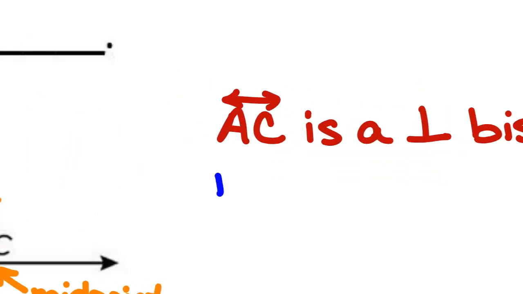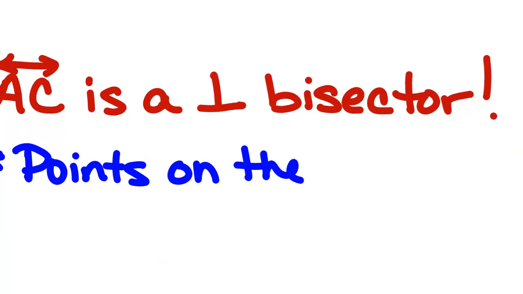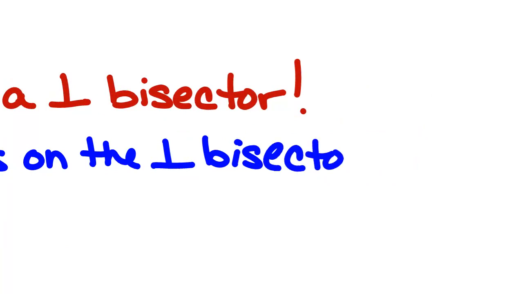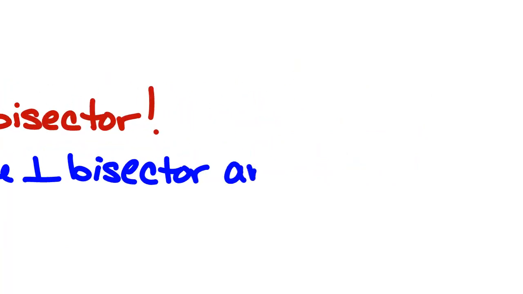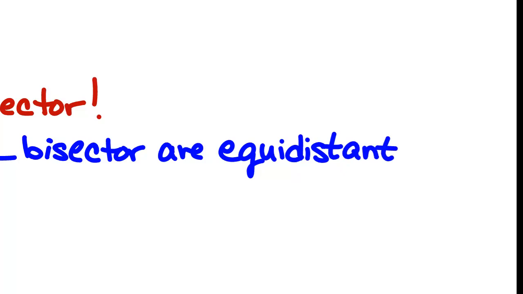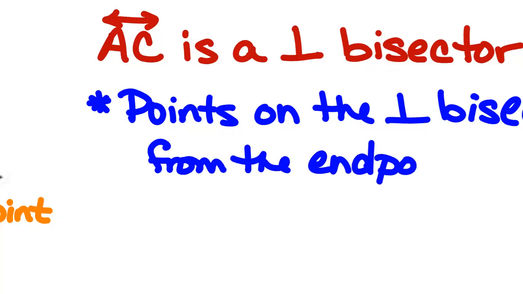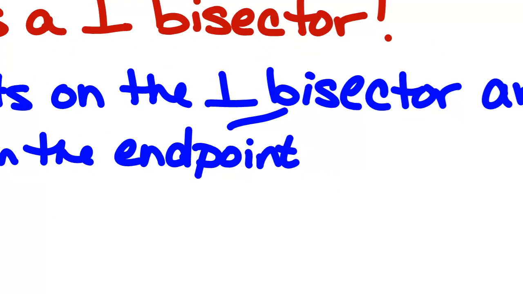And one of the things that we learned about perpendicular bisectors is that points on the perpendicular bisector are equidistant from the endpoints of the segment being bisected.